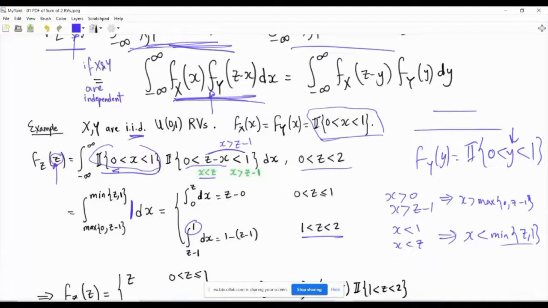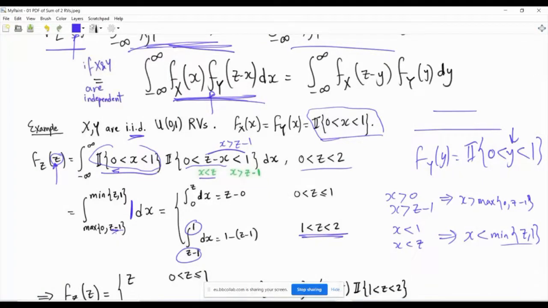And if z is greater than 1, then z minus 1 is positive, and so the maximum of 0 and z minus 1 will be z minus 1. So in this case, if z exceeds 1, then the integration is from z minus 1 to 1, and so the result will be the upper limit minus the lower limit. Now if z is less than 1, and of course it should be non-negative, then z minus 1 is 0 or negative.